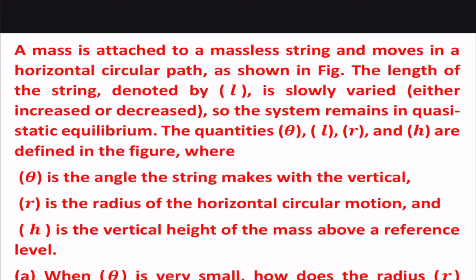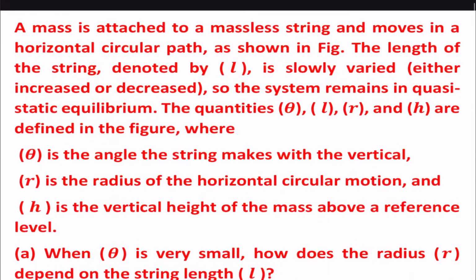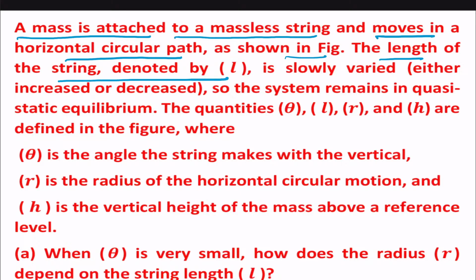So the first question, we are given that a mass is attached to a massless string moves in a horizontal circular path as shown in the figure. The length of the string denoted by L is slowly varied, either increased or decreased, so that the system remains in quasi-static equilibrium.